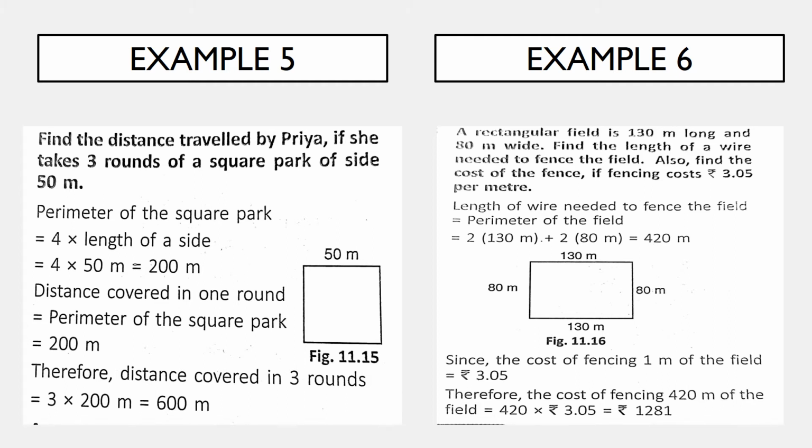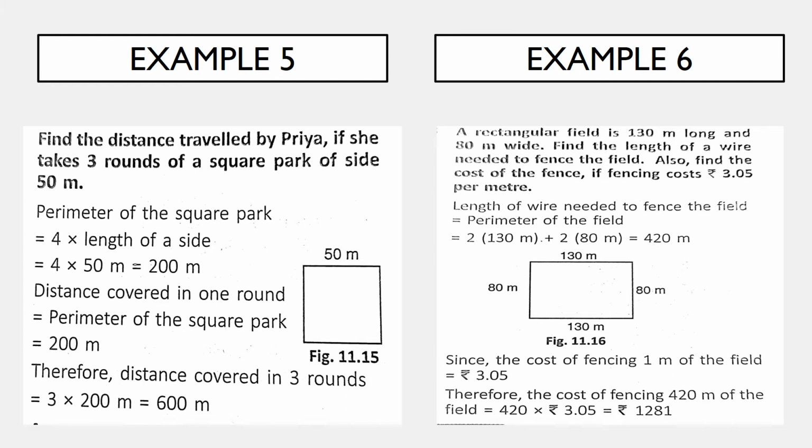Example 6. A rectangular field is 130 meter long and 80 meter wide. Find the length of the wire needed to fence the field. Also find the cost of the fence if fencing costs rupees 3.05 per meter. Length of the wire needed to fence the field is equal to the perimeter of the field. So 2 into 130 meter plus 2 into 80 meter, because the perimeter is 2 times length plus 2 times breadth, that is 2 into 130 plus 2 into 80 meters.